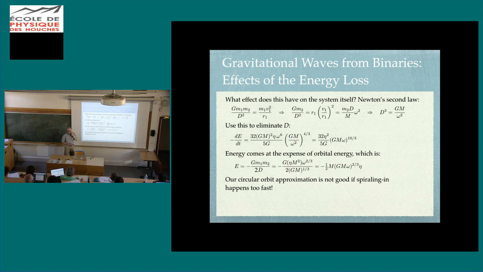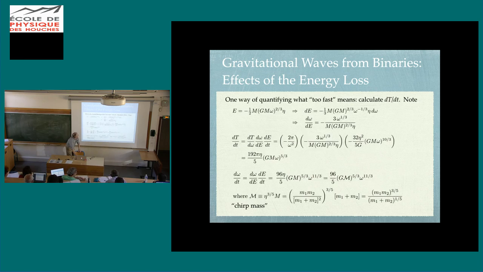And the interesting question to ask is, well, our whole approximation about circular orbits, is it going to fall apart if I'm spiraling in too fast? In other words, my orbits are not really circular, they're spirals. But as long as the spiraling in is not too fast, then it doesn't much matter.